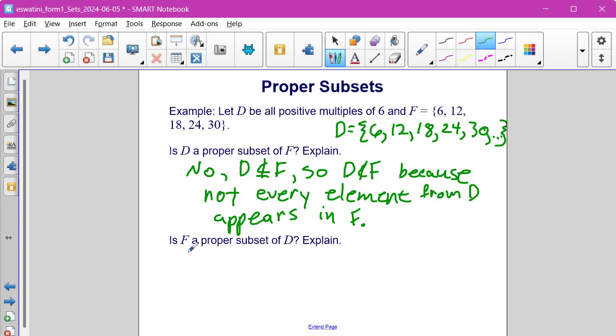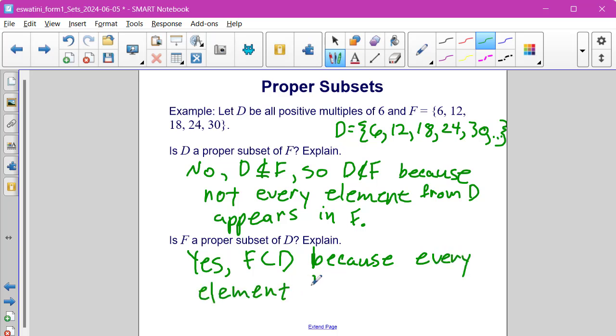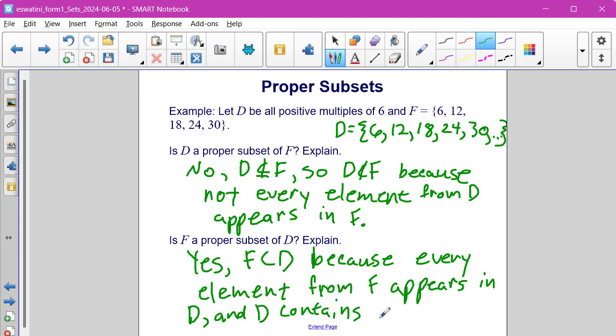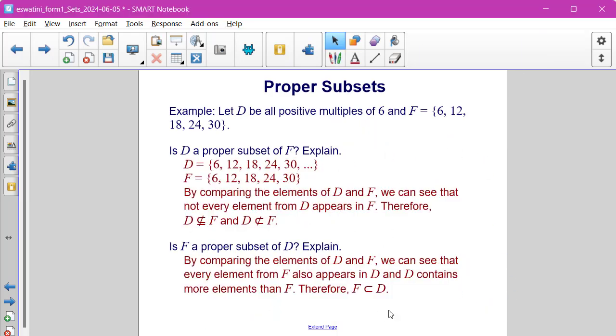So therefore, yes, F is a proper subset of D because every element from F appears in D, and set D contains more elements. And here are the solutions to these two example problems, and they do match the solutions that we found.